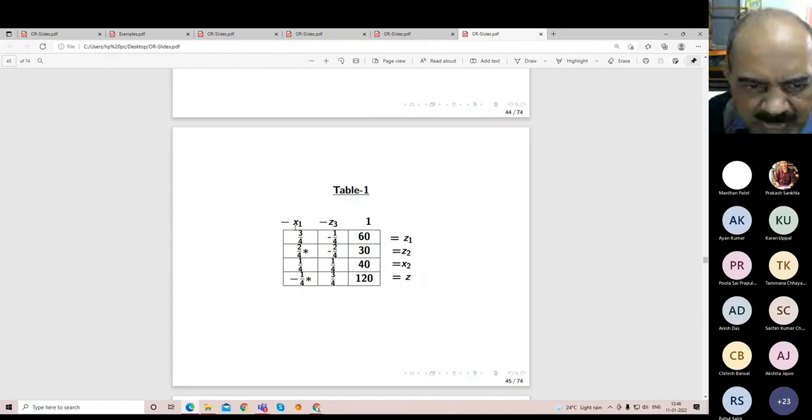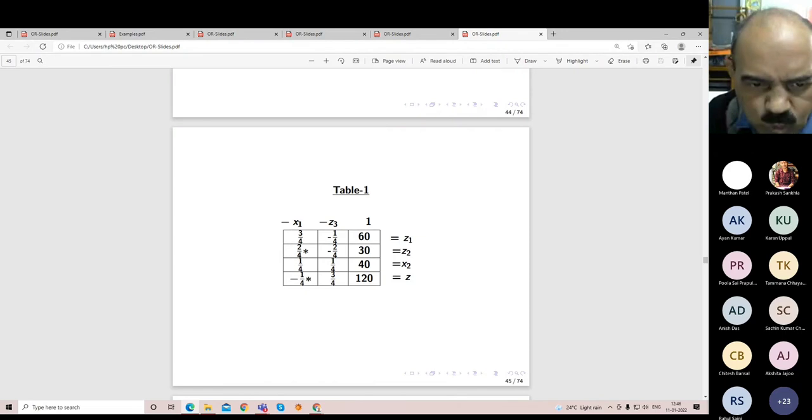In place of minus x1, we'll have here minus z2. In place of z2, we'll have here x1. So x1 is becoming the entering variable and z2 is becoming the departing variable.